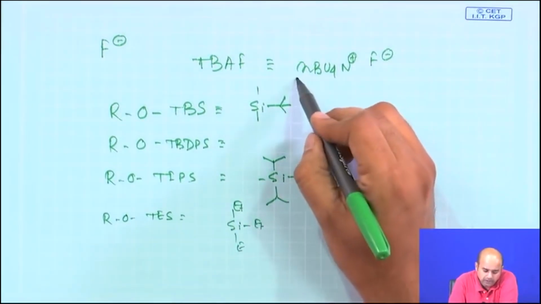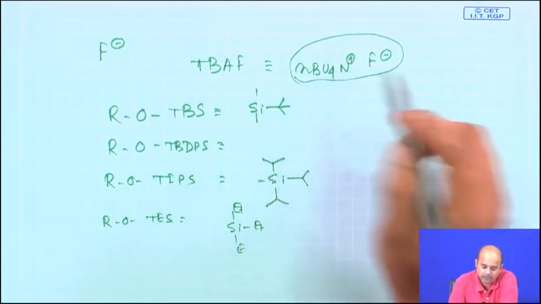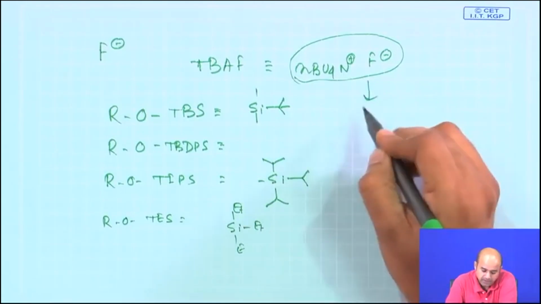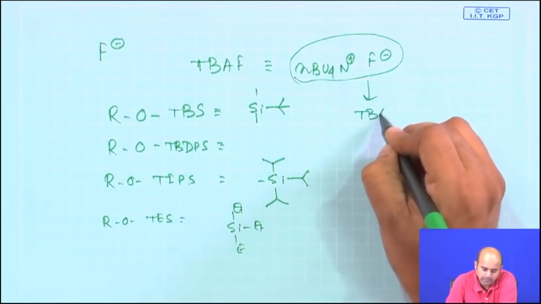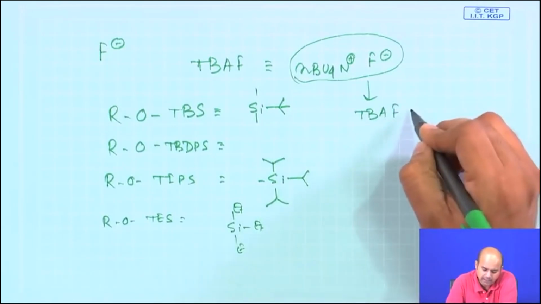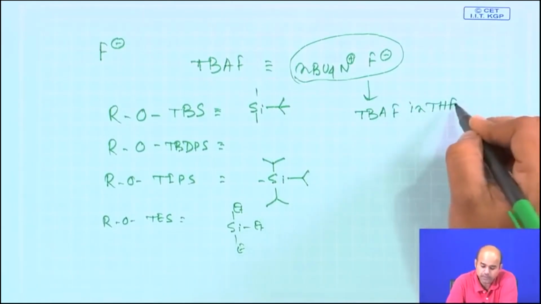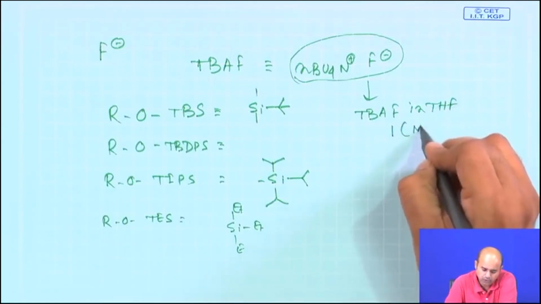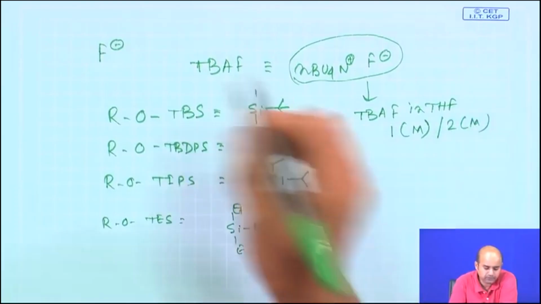So, all these silicon containing protecting groups can be cleaved with tetrabutyl ammonium fluoride. TBAF is commercially available in THF solution, tetrahydrofuran solution. Normally 1 molar or 2 molar solution is commercially available, and you can just use them.